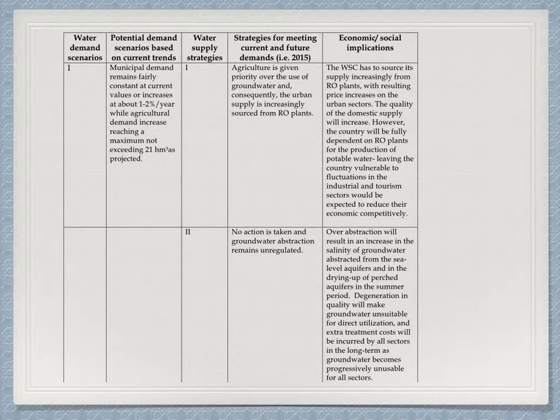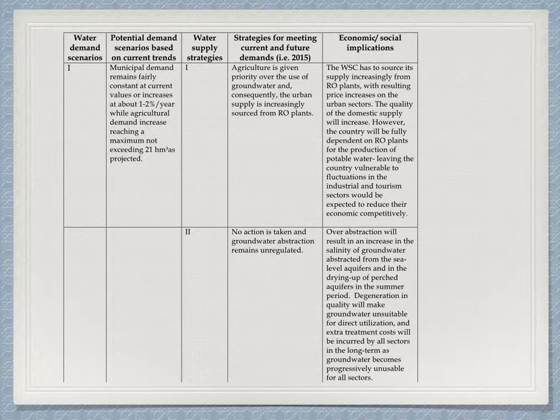There are three strategies investigated. The first is that agriculture is given priority over the use of groundwater. Consequently, urban supply would have to increasingly come from reverse osmosis desalination plants. The economic and social implications of this strategy are that the public water supply would have to source its water from these desalination plants.